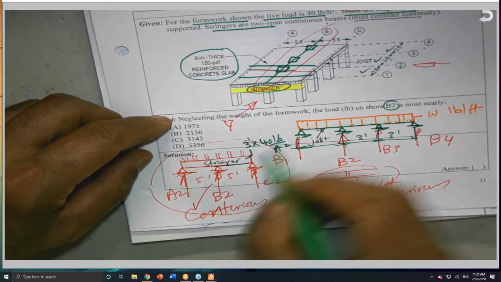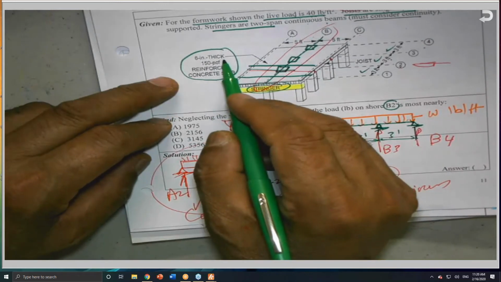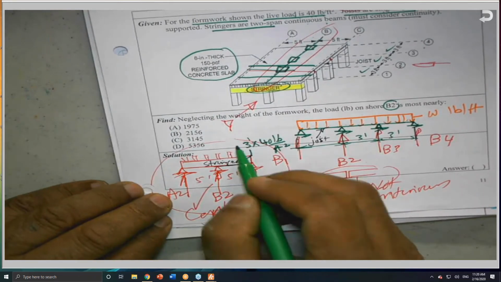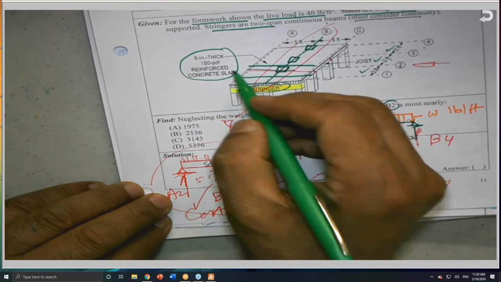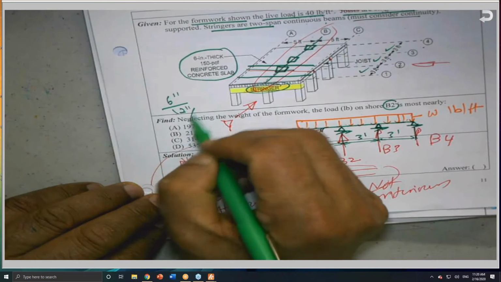This is due to the live load, but I still have concrete. How much will the concrete be? He said that it is 6 inches divided by 12 inches per foot.